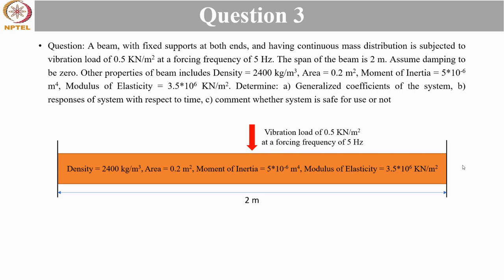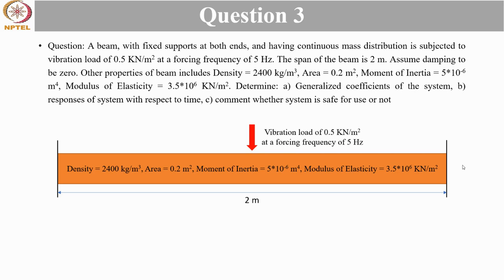A beam with fixed support at both ends and having continuous mass distribution is subjected to a vibrating load of 0.5 kg per meter square at a forcing frequency of 5 hertz. The span of the beam is 2 meter, assuming damping to be zero.